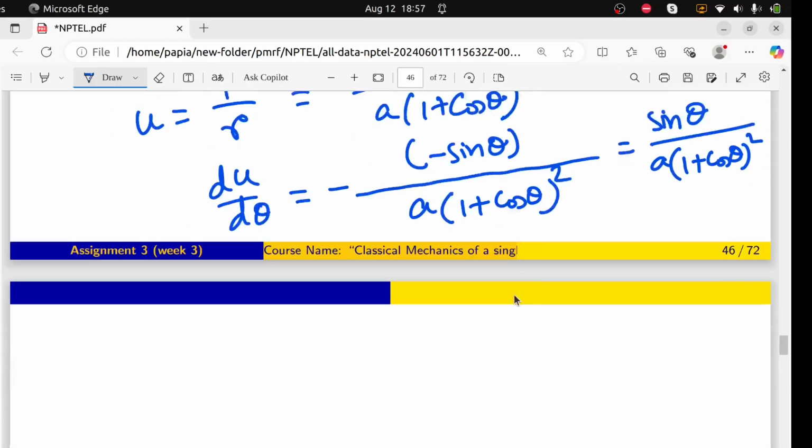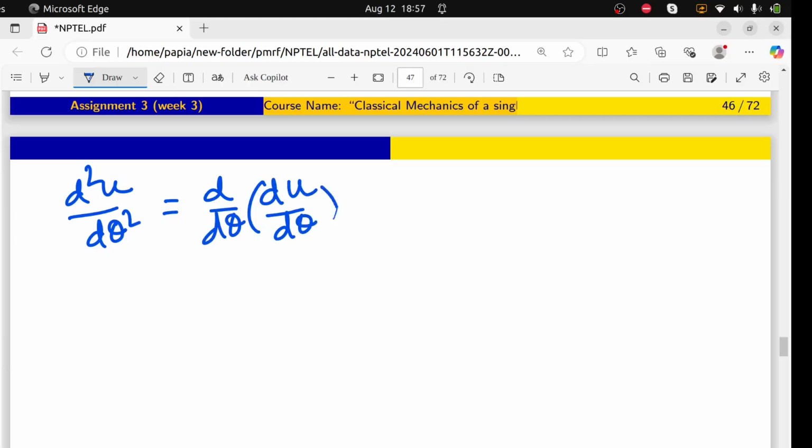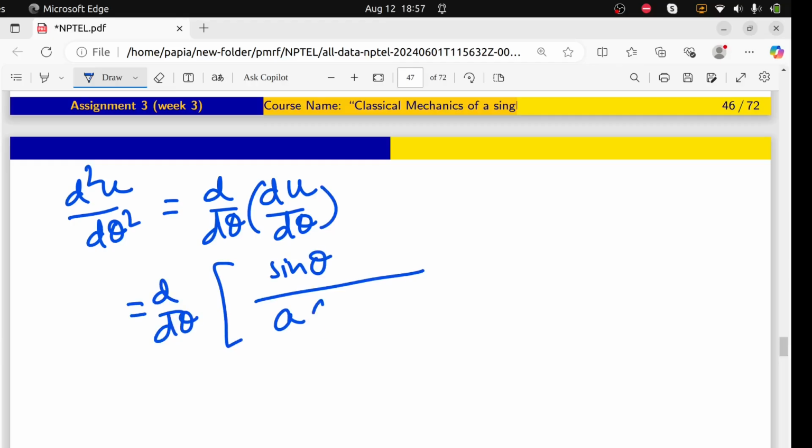Now come to d2u d theta 2. So this is d d theta of du d theta. So d d theta of sin theta divided by a times 1 plus cos theta whole square.